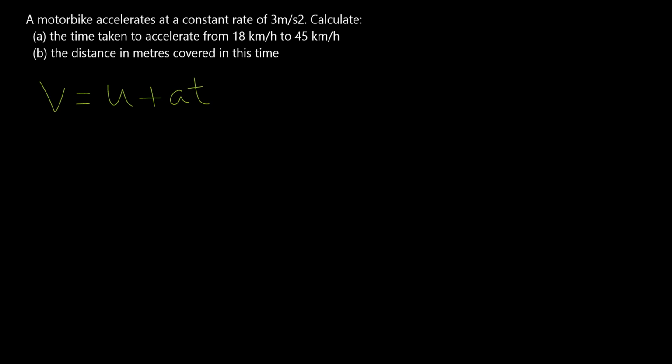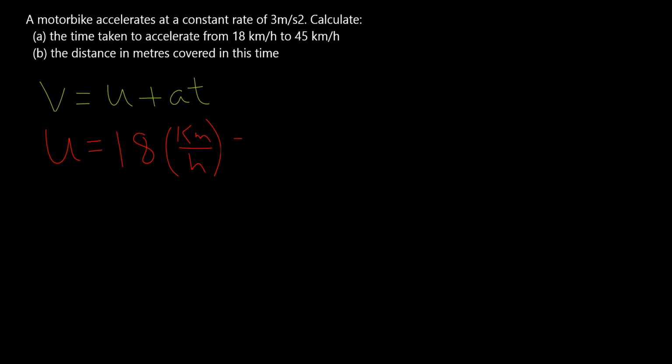So let's look at the first velocity, 18 kilometers per hour. U equals 18 kilometers per hour. But I'd like that to be meters per second.